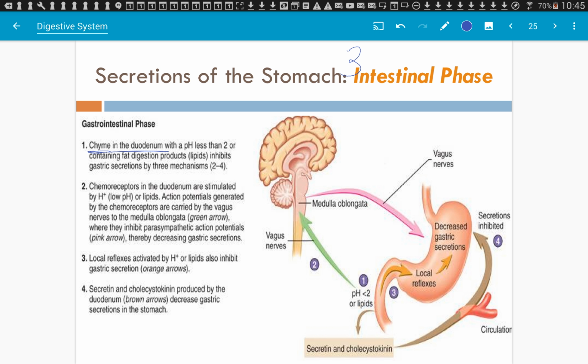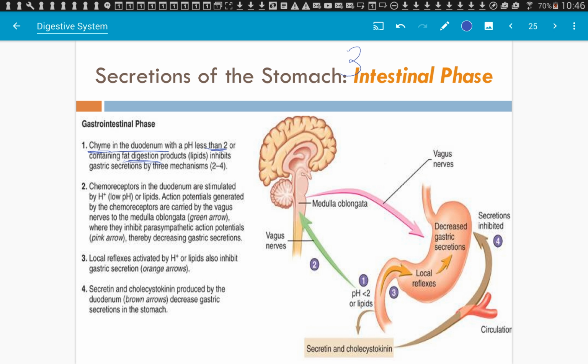So while the chyme is in the stomach, the pH is very low. It's very, very acidic. But I don't know if you remember Monday we talked about the pH in the stomach is very different than the pH in the small intestine. You don't want it to stay acidic in there. So as soon as chyme starts to move into the duodenum, the first part of the small intestine, if the pH is less than 2, or if there's fat digestive products, so two things to think about, it will inhibit gastric secretions.